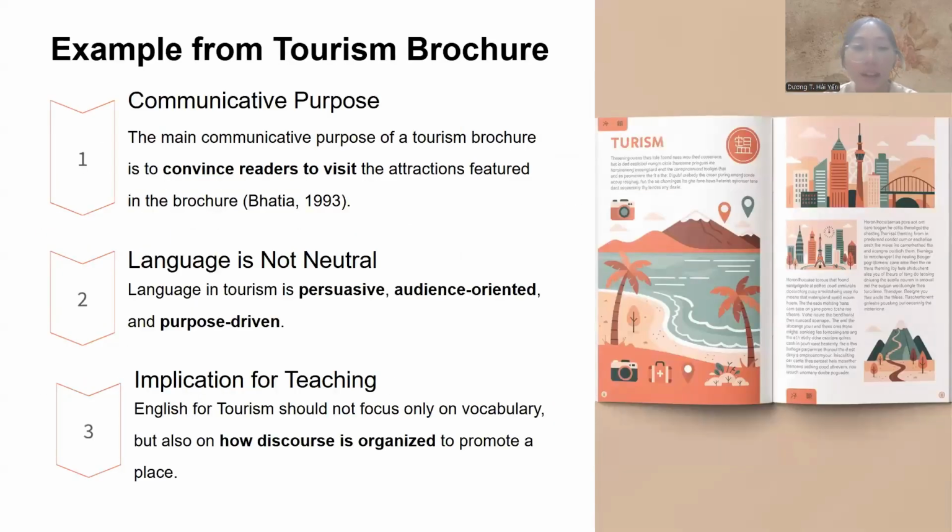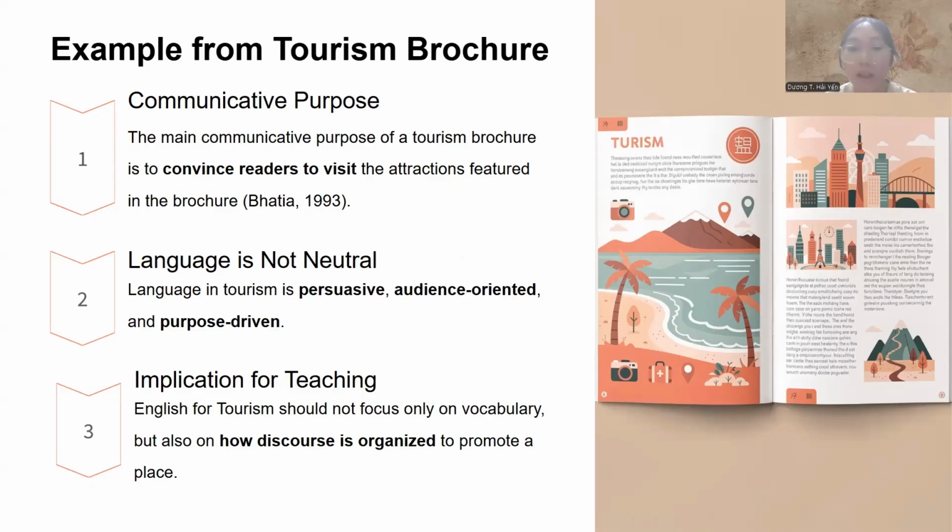Okay, so here, a tourism brochure has a clear communicative purpose. Its main purpose is to persuade readers to visit a place. Because of this purpose, the language in a tourism brochure is not neutral. It is usually persuasive, audience oriented, and purpose driven.